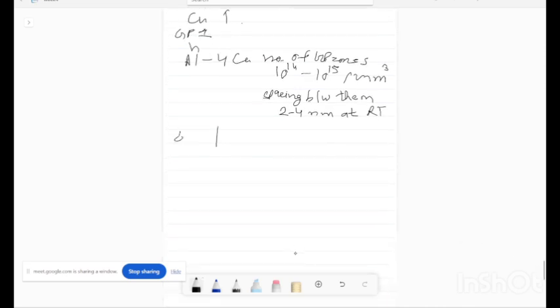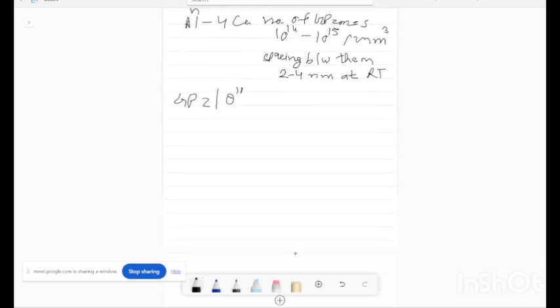For the GP2, which is theta double prime, the shape changes from the cluster to disc shape, and these are also larger than the GP1 zones, meaning they are disc shaped.